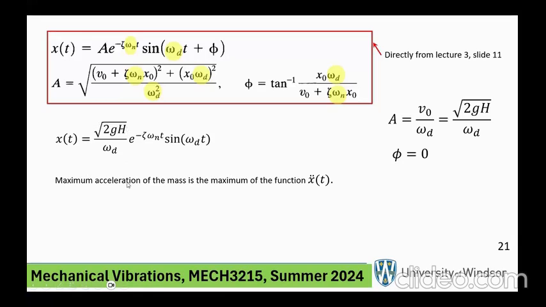And then it says find the maximum acceleration. But of course, to find the maximum acceleration, you know how to do this. You differentiate this thing, for example, twice, and set it equal to 0. Actually, if you want to find the maximum x double dot, to find the maximum of something, you have to find its derivative.